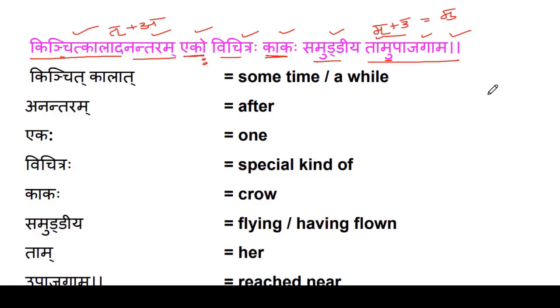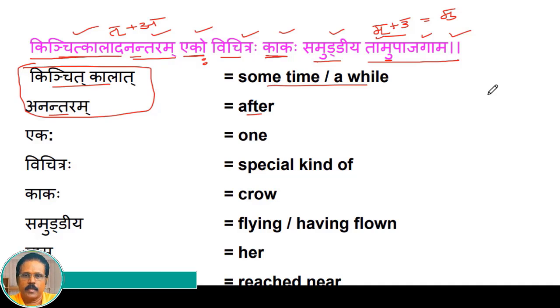When? Kinjit Kalad Anandaram. Together we can tell after some time, after a while. Kinjit Kalad means sometime or for a while, and Anandaram means after. So Kinjit Kalad Anandaram is after some time.